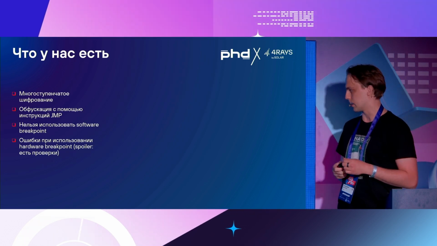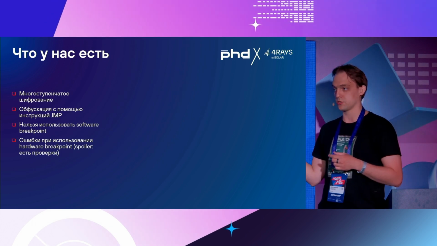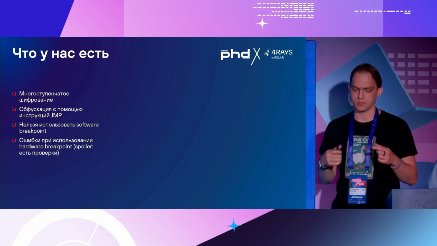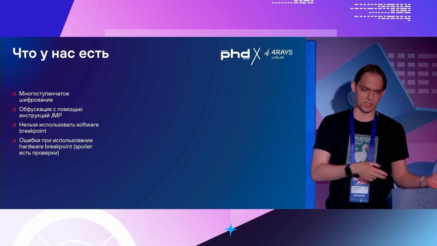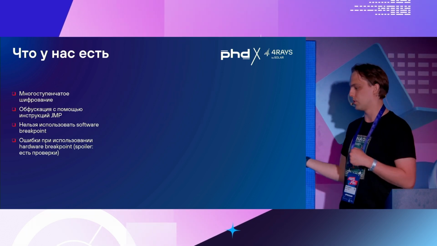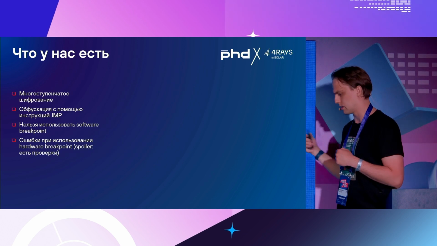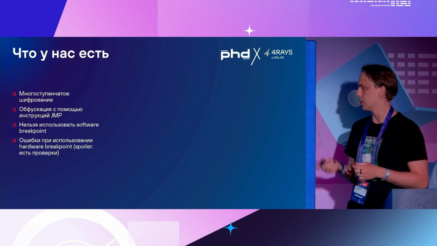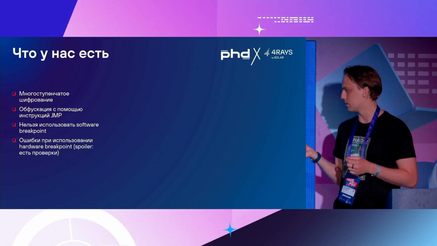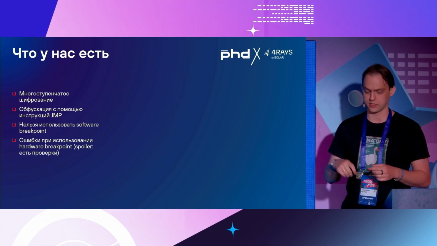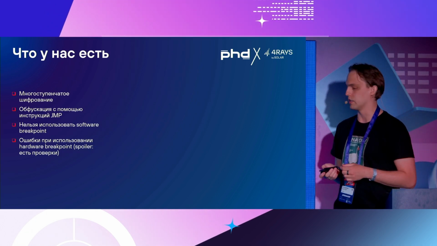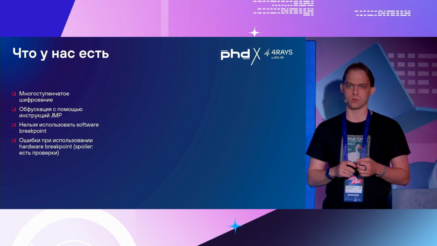It would be intercepted by the debugger, but the debugger would not show that the memory has been changed. If we put a breakpoint, it means that we are changing the key, and it means that we will not see our payload and further guidelines. And besides, you cannot use the hardware breakpoints, but that was a rare case and there were just some checks.